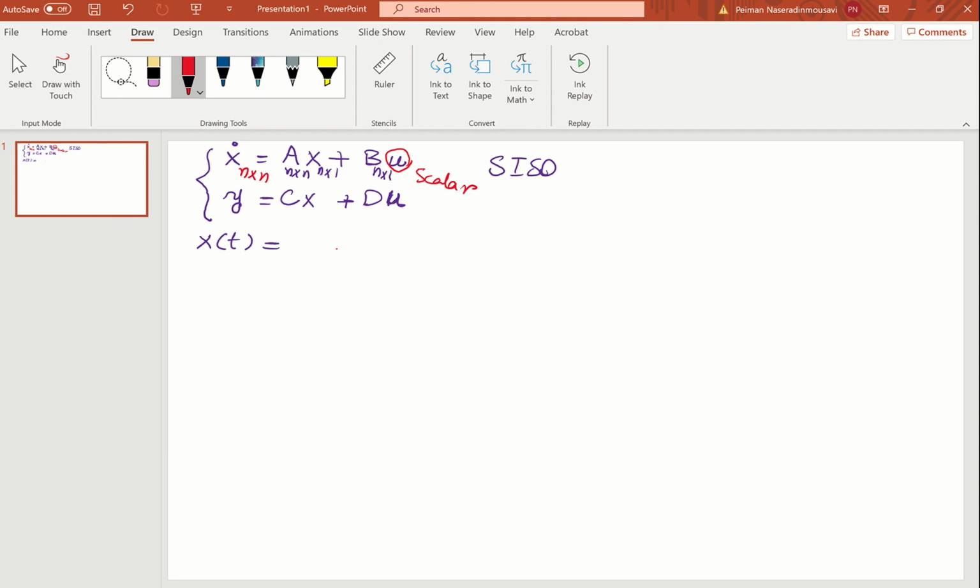So x of t is e to the At times the state vector at time 0, the initial time, plus the integral from 0 to t of exponential of A(t minus tau) B u of tau d tau.